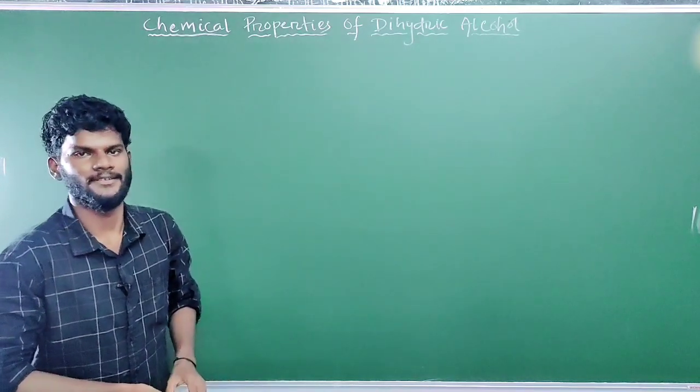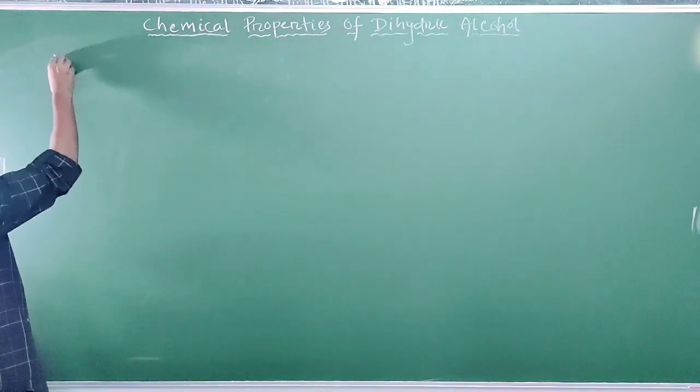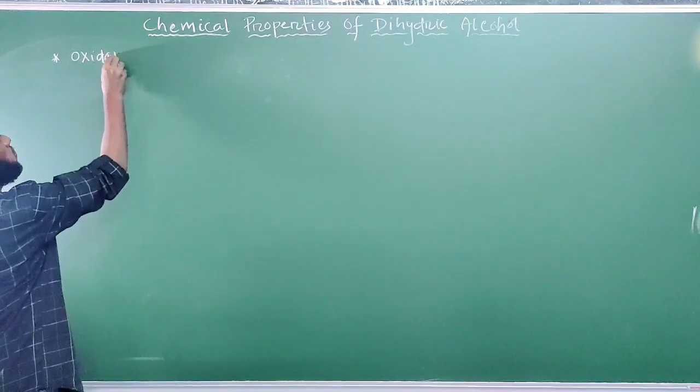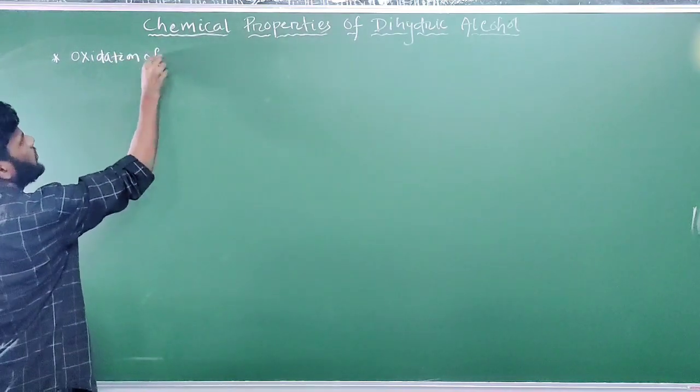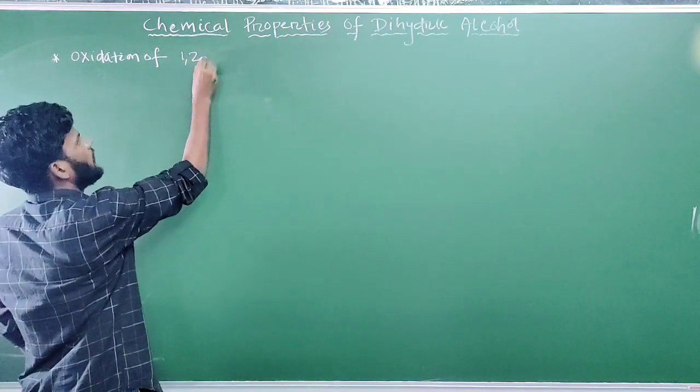So let's get started. All of you look at the green board. Write with me: oxidation of particularly dihydric alcohol. Here we have taken 1,2-diol or glycol.